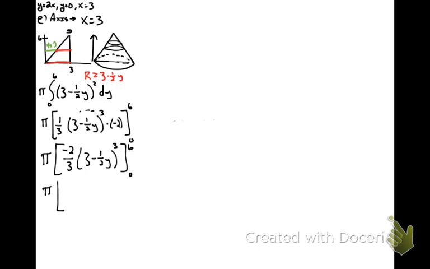So if we plug in 6, we end up with just 0 minus. Now we'll plug in 0. 3 cubed is 27, and 27 times negative 2/3 is negative 18. And finishing this off, we end up with a figure that has a volume of 18 pi units cubed.